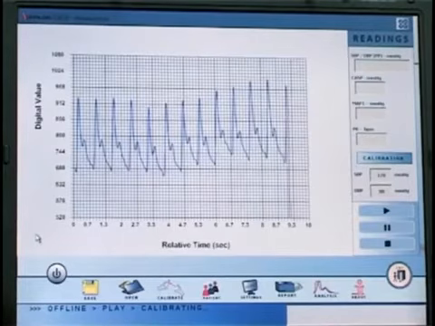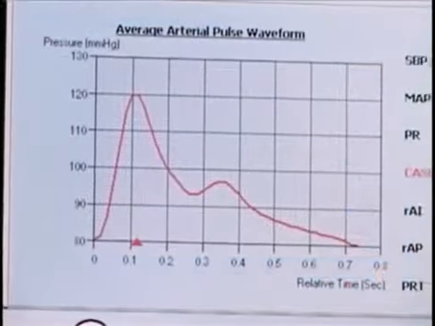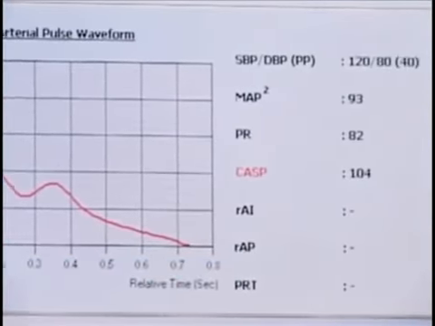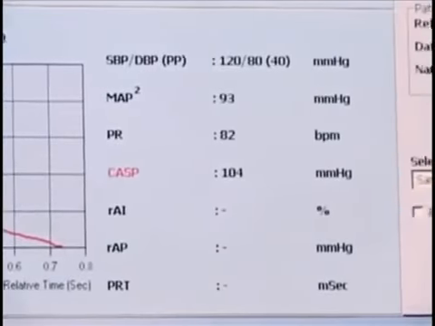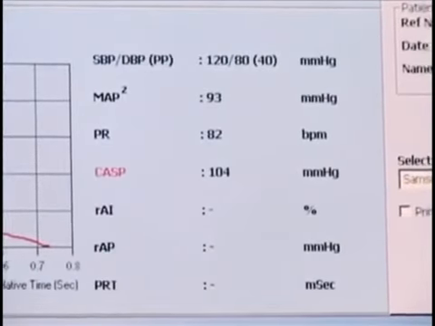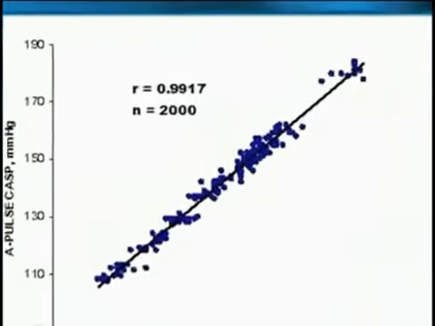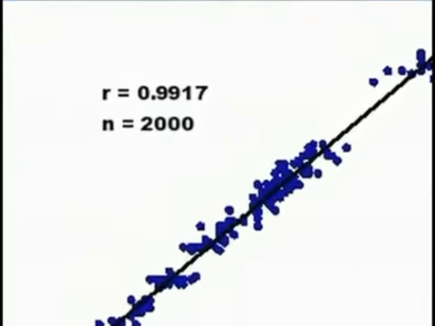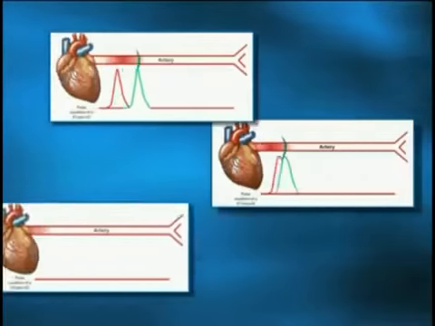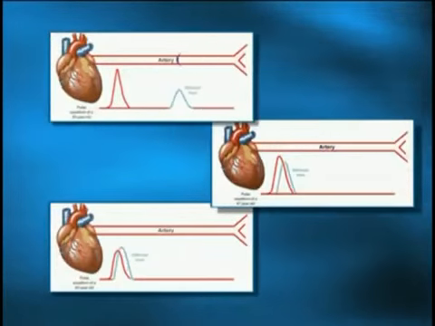We measured the central pressure here, and we read off the central pressure as calculated by the B-Pro. We have 2,000 patient waveforms, and the accuracy was 0.9917, which is unbelievable.